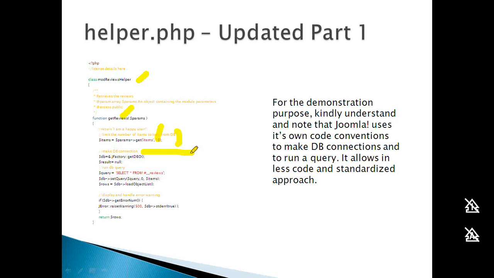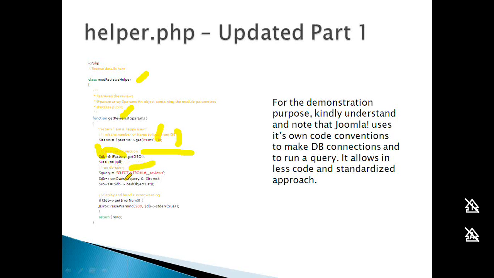This is the Joomla syntax and conventions. So instead of writing the connection strings for the database, we are simply calling the getDBO function, which is the inbuilt function of Joomla. And with the JFactory class, we have the connection transferred to the $db, and these details are used to run a database query.